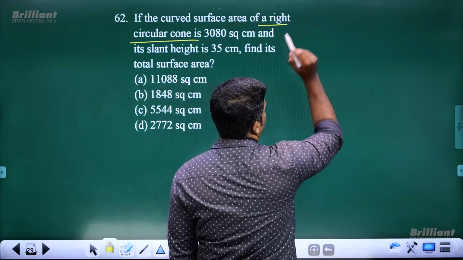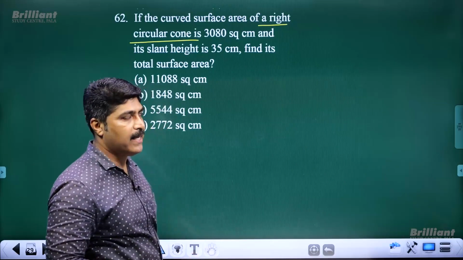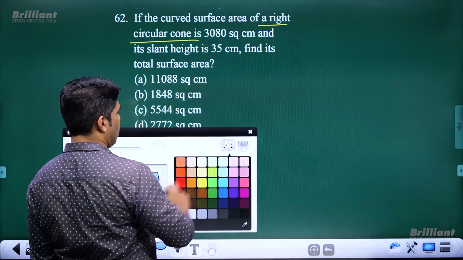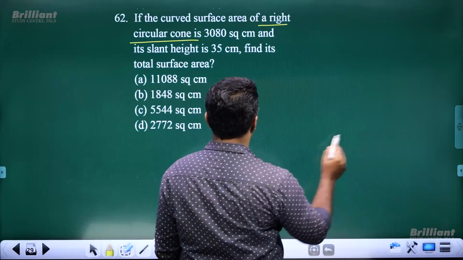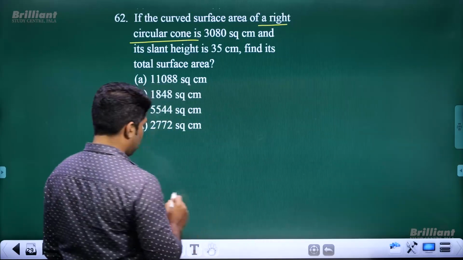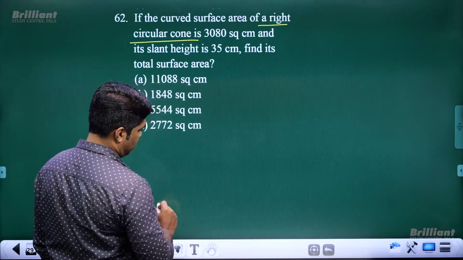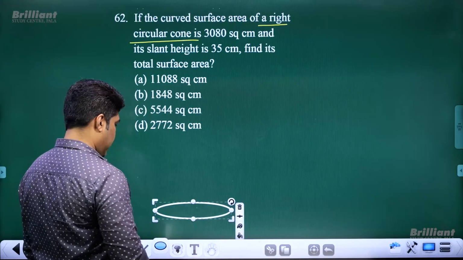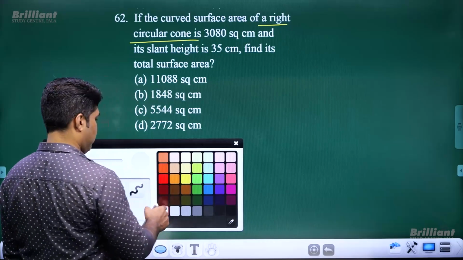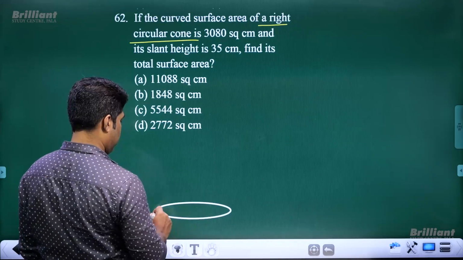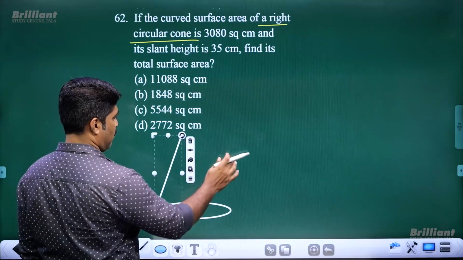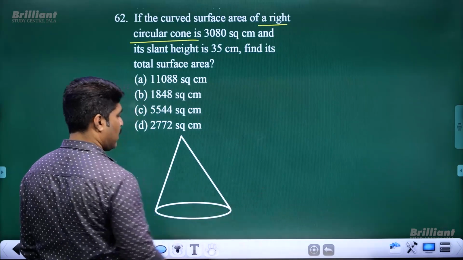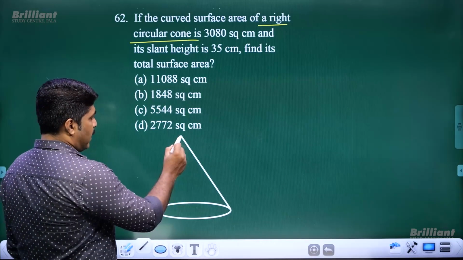While we are considering the curved surface area of a right circular cone, we can consider a right circular cone. So I just draw it here. Good. This is the right circular cone.